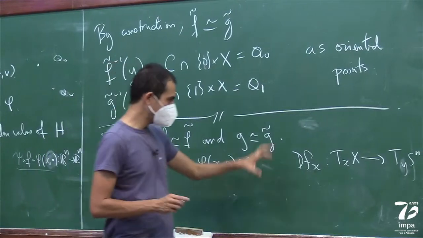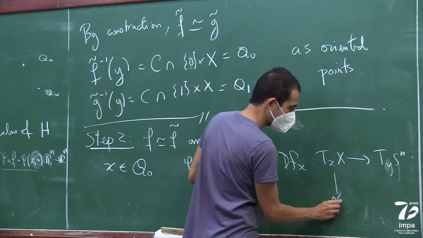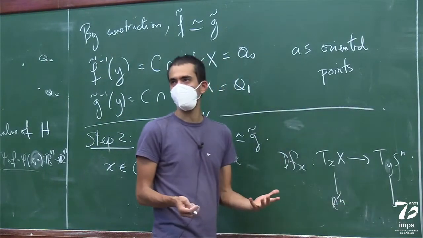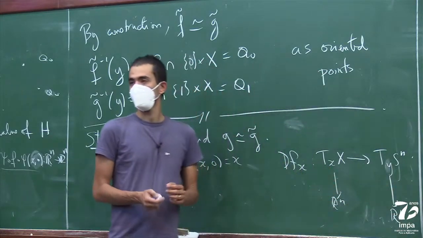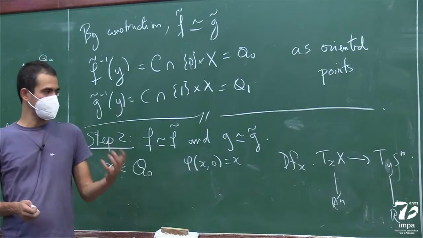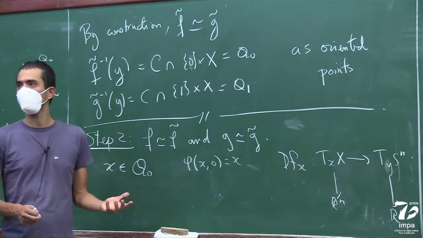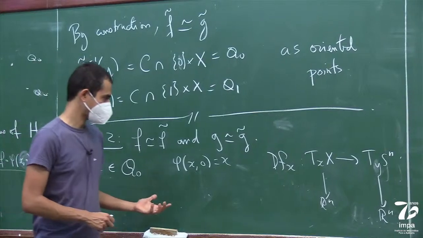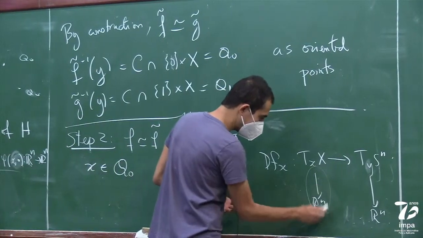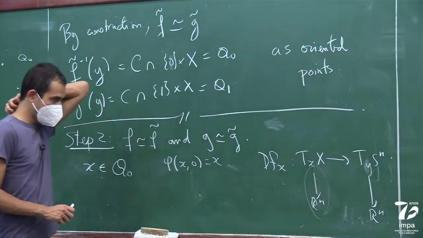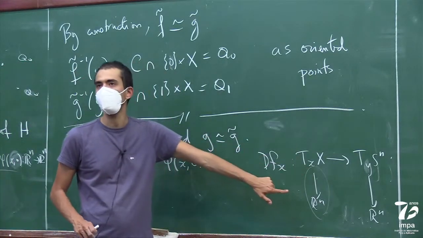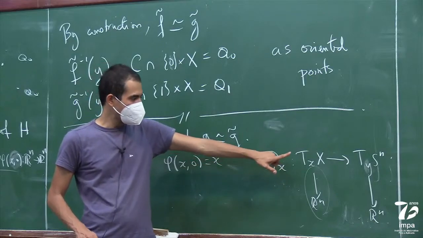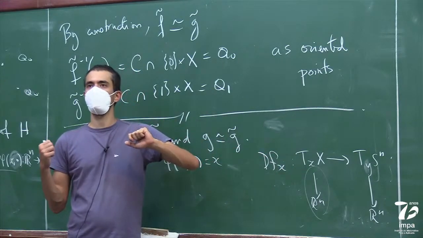But when I use the derivative of phi, I can identify this with Rn. And when I use the derivative of the stereographic projection, I identify this with Rn. And the stereographic projection is orientation preserving by choice. And then this step here is really the condition that I'm requiring on phi, so this is different from what I was doing earlier.